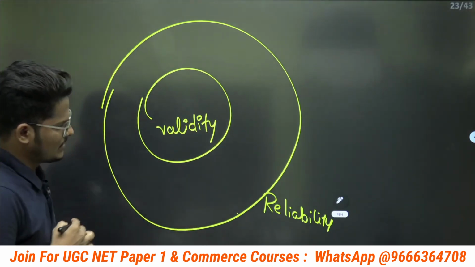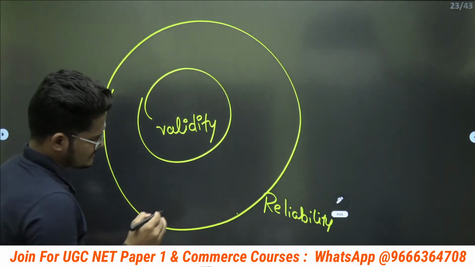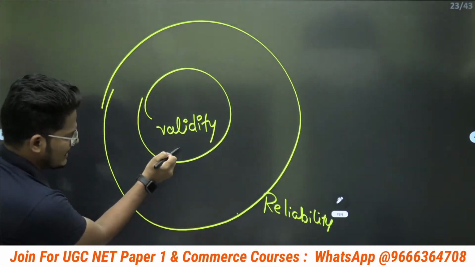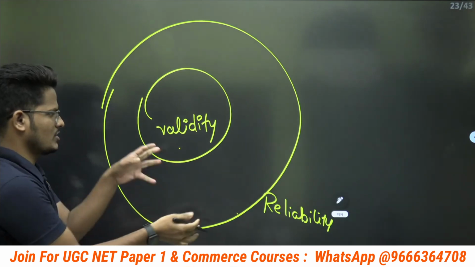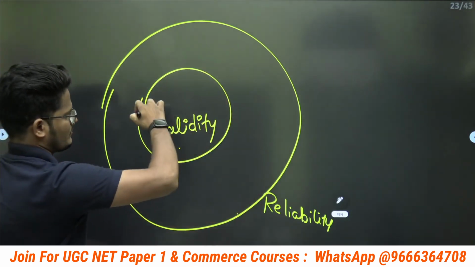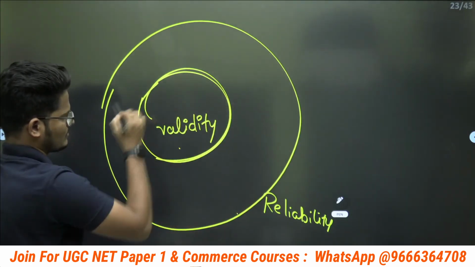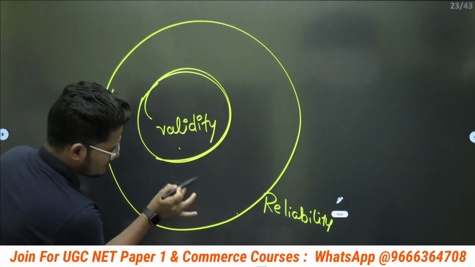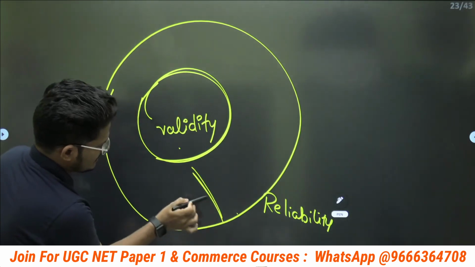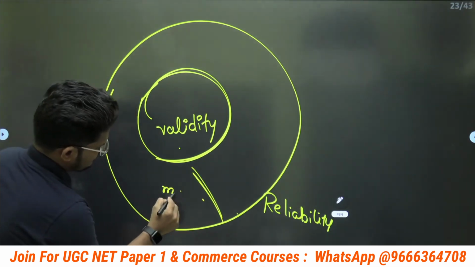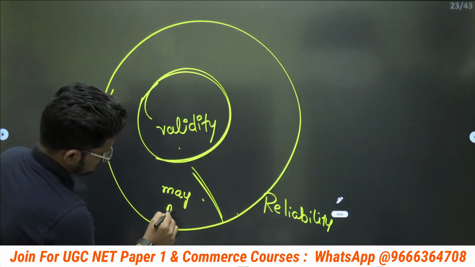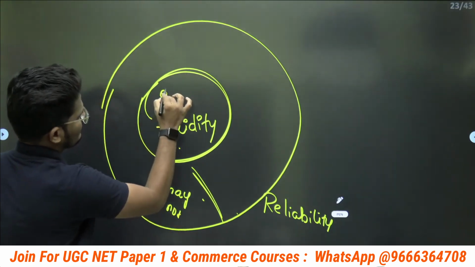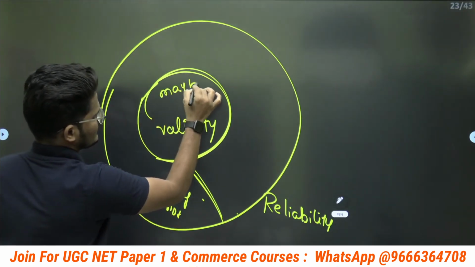So when something is valid, it must be reliable, because within the validity, only reliable things will be there. And when something is valid, it is reliable. But when something is reliable, it may not be valid. That is what I am writing.